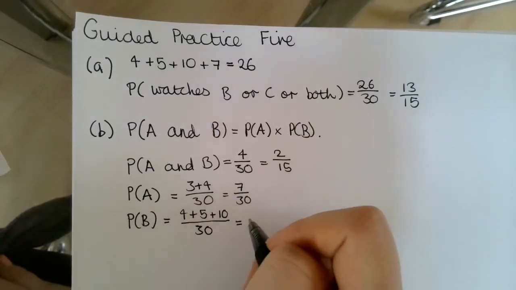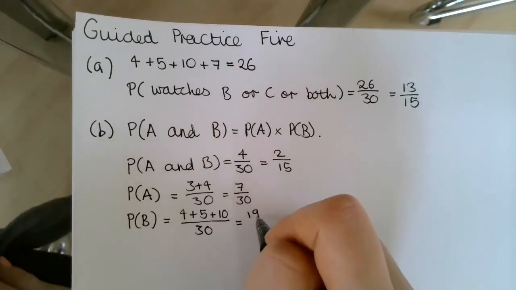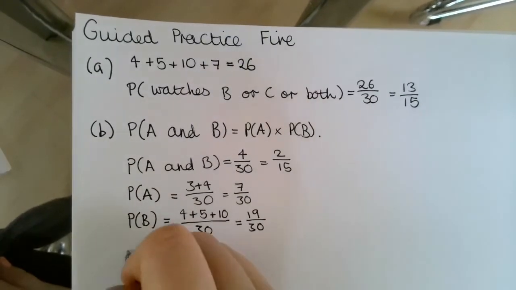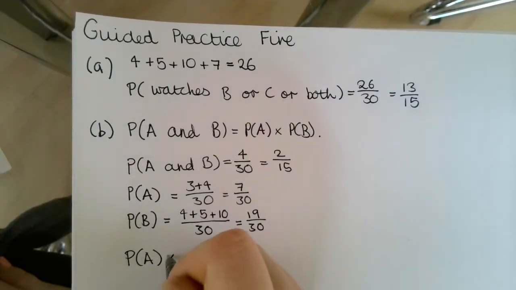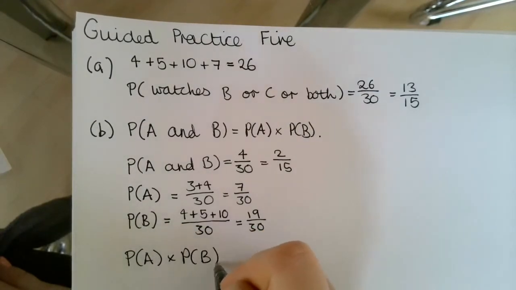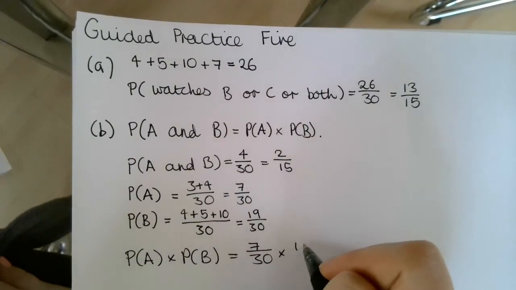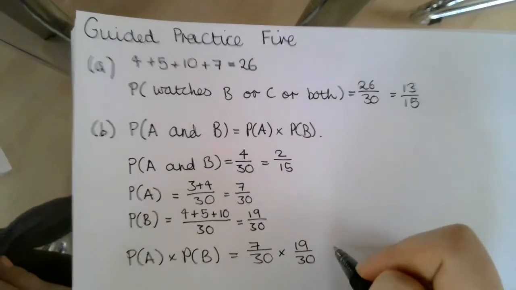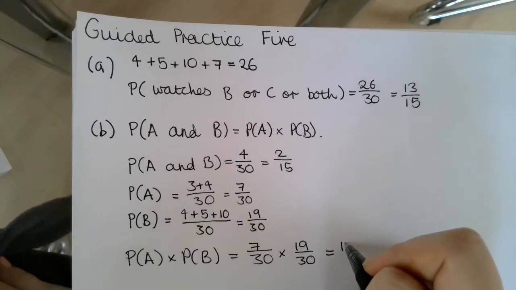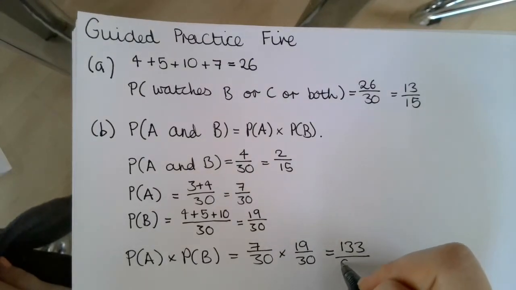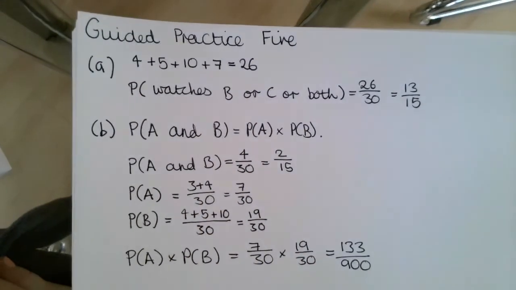So that is 19 over 30. So if we work out the probability of A multiplied by the probability of B, that is equal to 7 over 30 multiplied by 19 over 30, which is equal to 133 over 900.